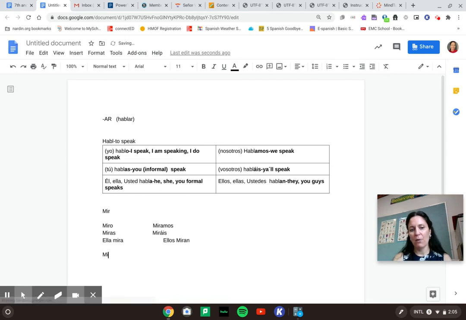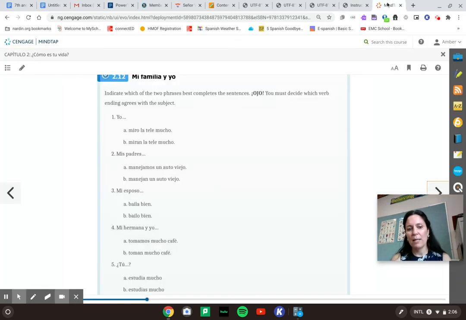That's another example of an AR verb, manejar. Again, we're going to take off our AR ending. We're going to be left with manej. And we have to decide which one would be the best. In this case, it would have been manejan, the AN, because mis padres is like ellos, and that's the ending for ellos.